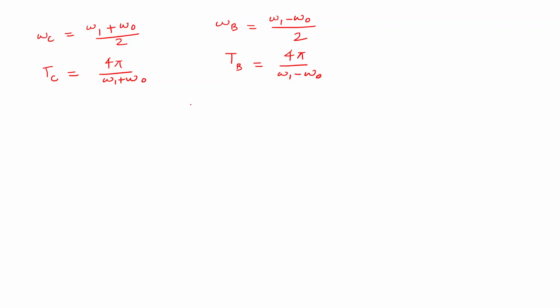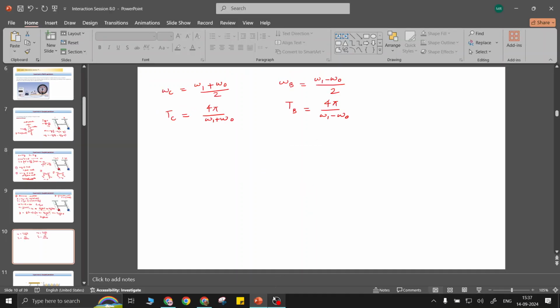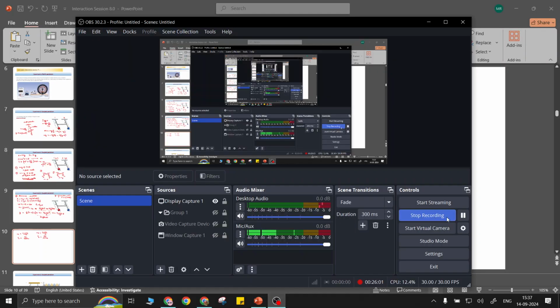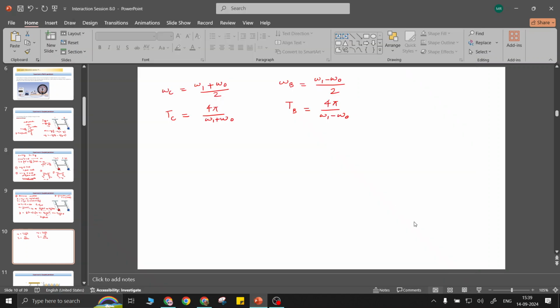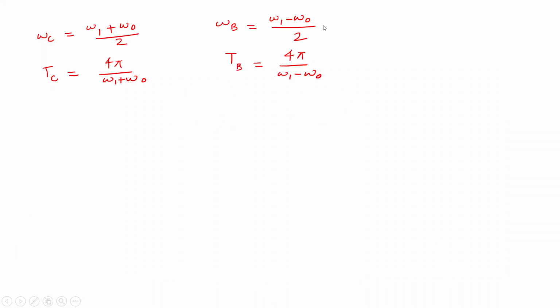So, coupled pendulum. So what we were discussing, the frequencies will be like this.